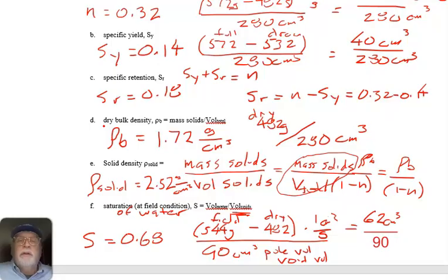The specific yield and specific retention add up to porosity. If I have the saturation of air and the saturation of water, and again, I'm just talking about the saturation of water here, and the saturation of NAPL, as I mentioned before, non-aqueous phase liquid, the saturations will add up to 1. Should I put an i there for the different types of saturation?